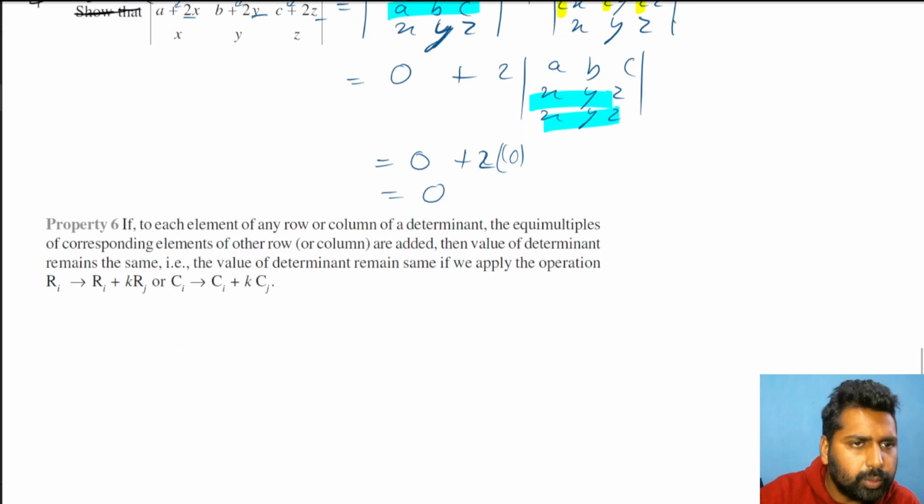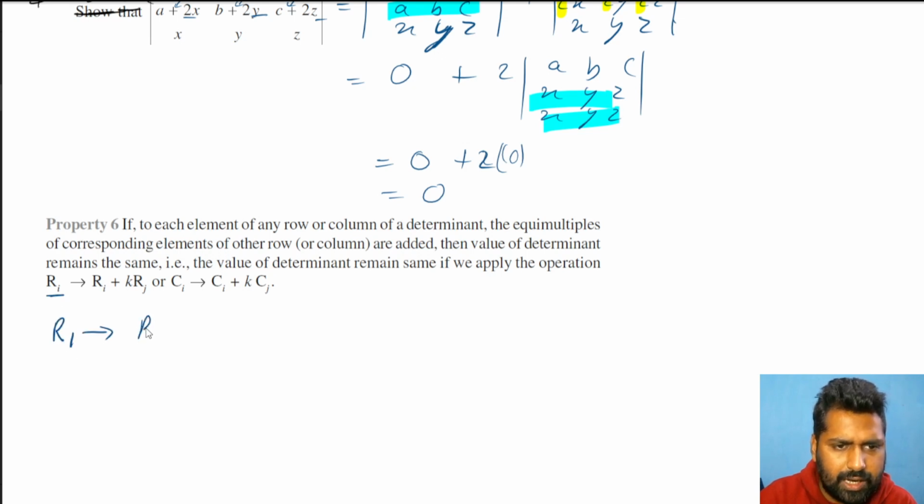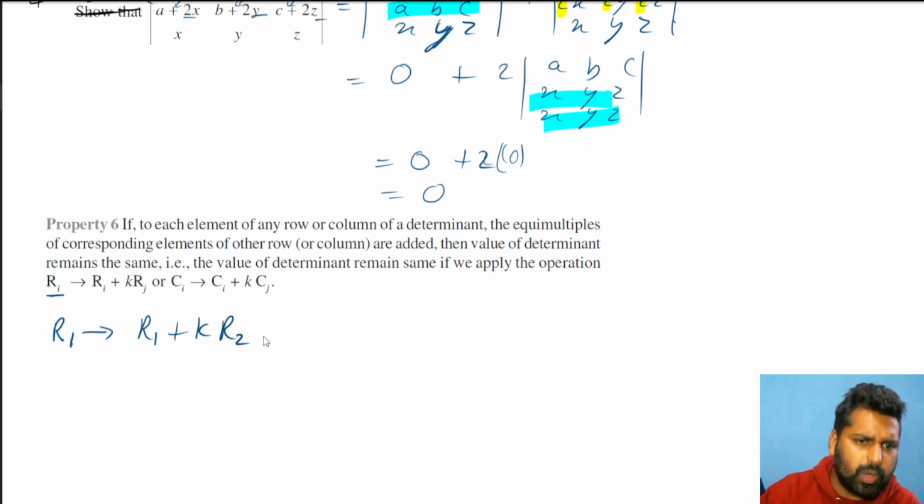What I can really do is, I have a freedom. Suppose we are doing this for some determinant. I can do one operation: R1 goes to R1 plus K times, let's say R2 or R3. I think 3 rows is the maximum for you. That's it. This K can be anything.